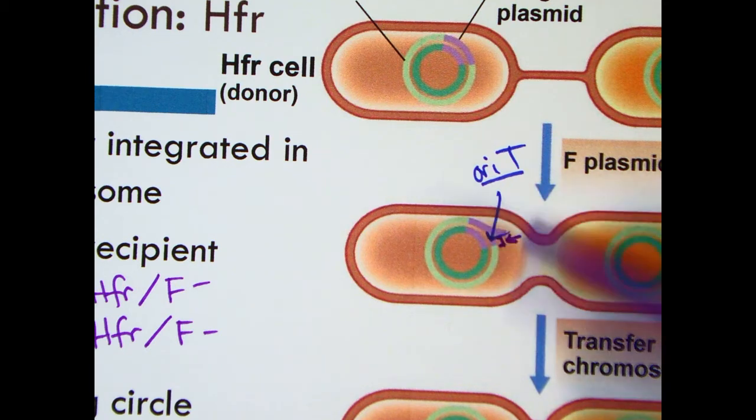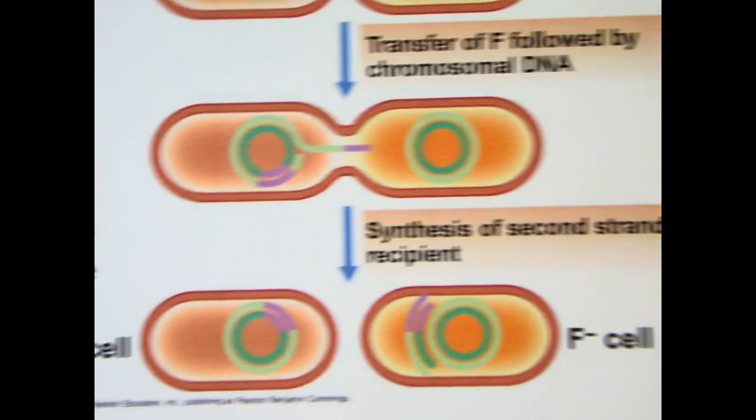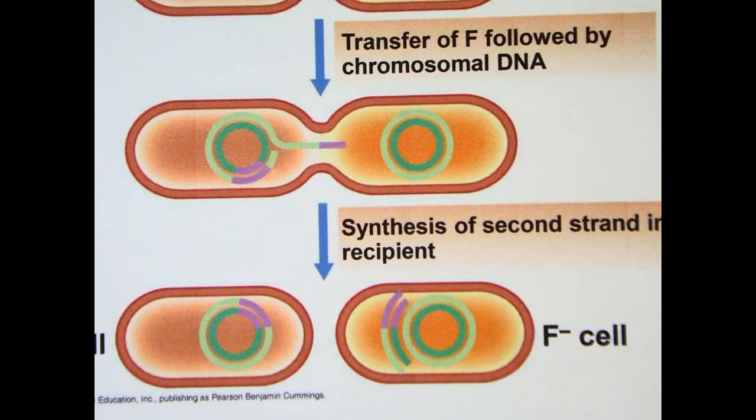So without the entire F factor, the poor recipient cell remains F- because it still does not contain an entire conjugative plasmid, and thus is unable to start conjugation on its own in the future.